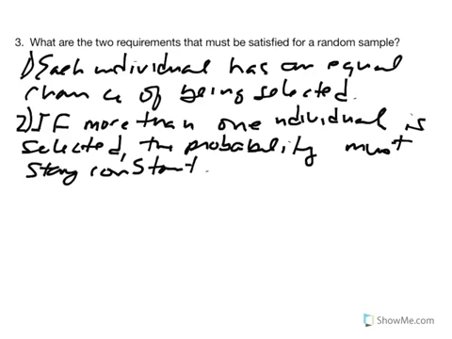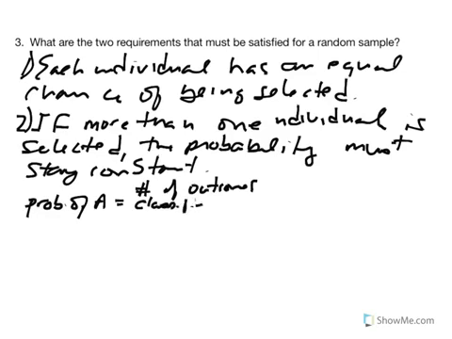You can understand this as, again, probability. From Chapter 6 we learned that the probability of any event can be understood in this format: the probability of event A is equal to the number of outcomes classified as A over the total number of possible outcomes.